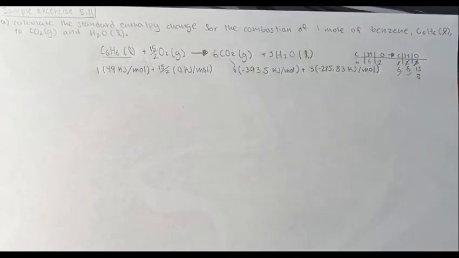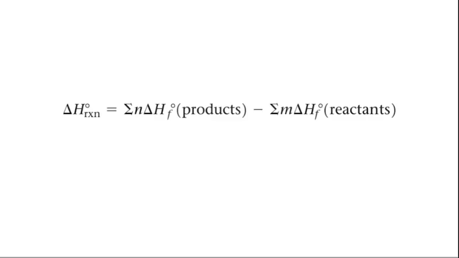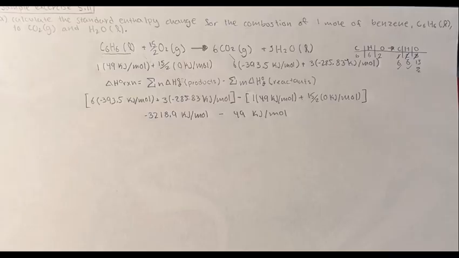And go ahead and finish filling in all the standard enthalpy of formation values for your product side as well. If we remember our equation that we used earlier, we can go ahead and rearrange our products and our reactants so that we can solve for the standard enthalpy of our reaction. Solving both sides separately and then subtracting them makes it a lot easier to get your final answer.